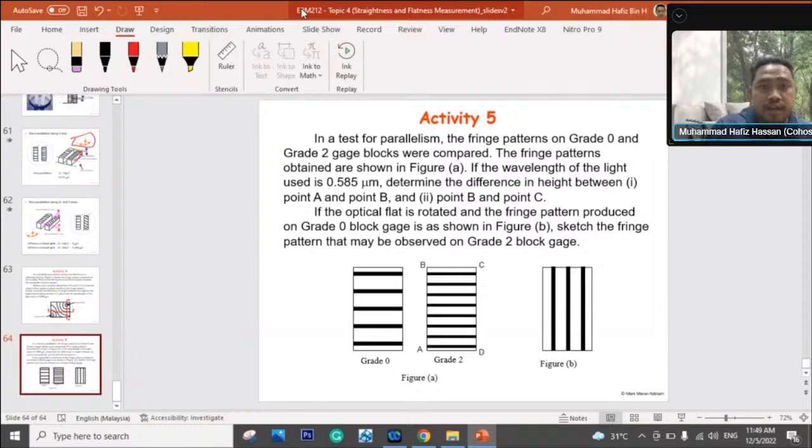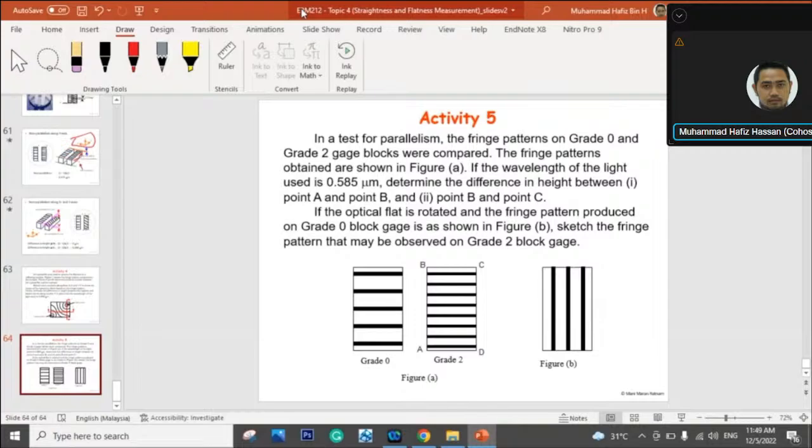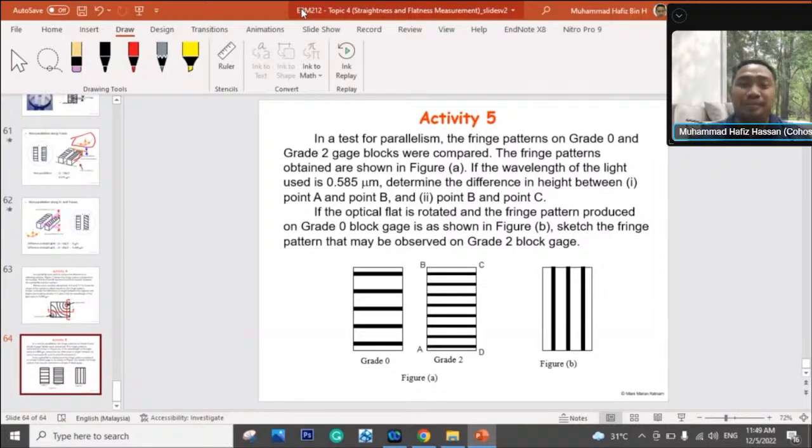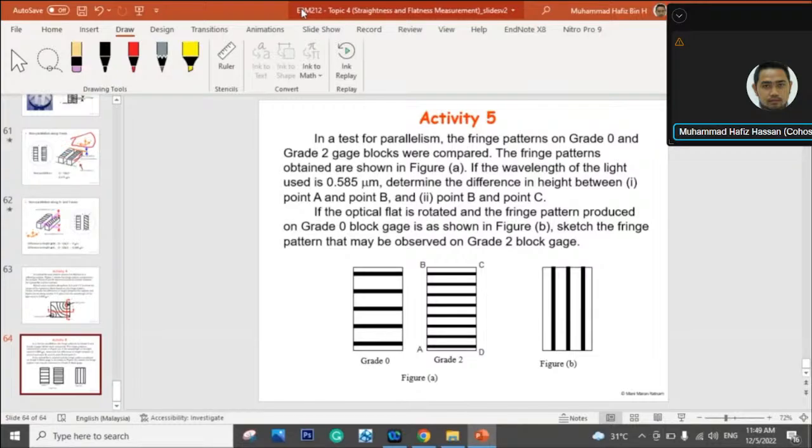So the fringe pattern obtained is shown in figure A. If the wavelength of the light used is 0.585, determine the difference in height. Number one is point A to point B. If there is a difference in height, you have to calculate it. Number two is point B to point C. Is there any difference in terms of height?